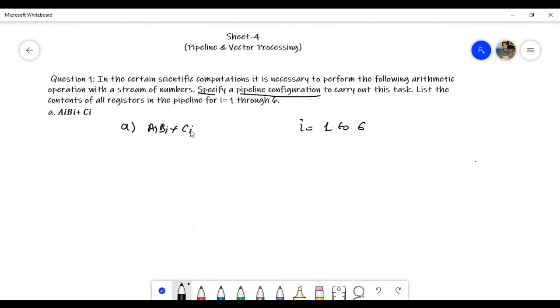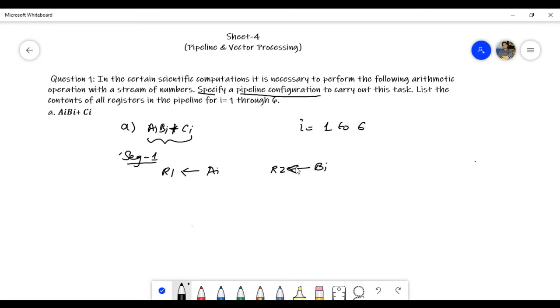Okay. So now we have to calculate this arithmetic operation in terms of a pipeline. When you start with the pipeline, first you have to write the segments. Segment 1: we will assign the value AI to register R1, and R2 implies BI.